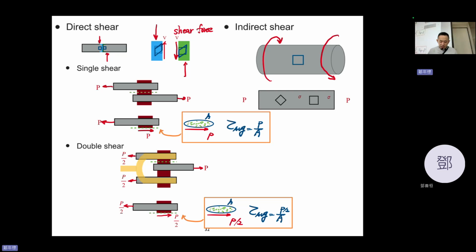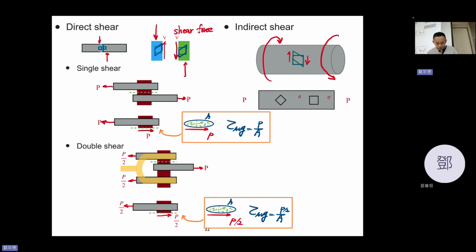If you twist it, you notice that it will move the left-hand side up, the right-hand side down. So this square become that shape, 平行四边形, a parallelogram. Which means that even if you twist it, you are generating shear stress in this material.